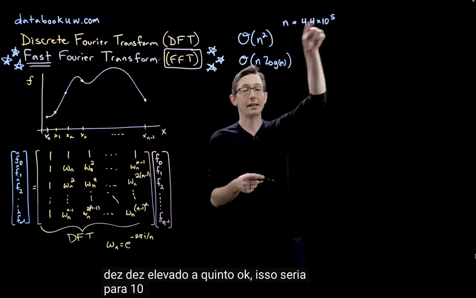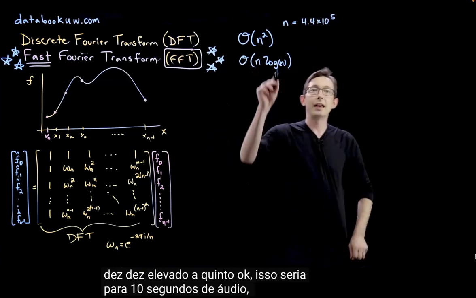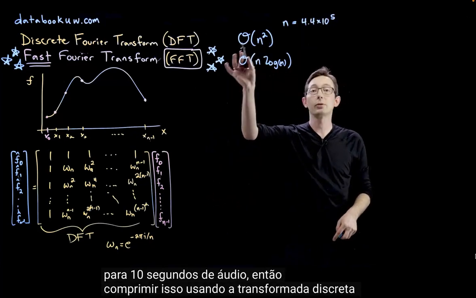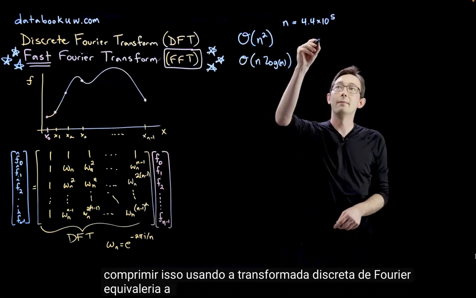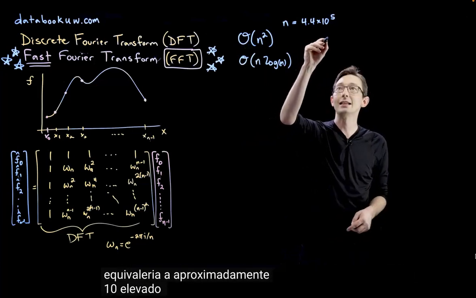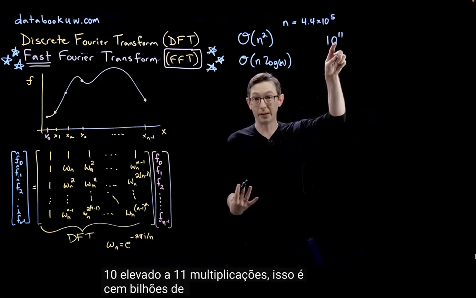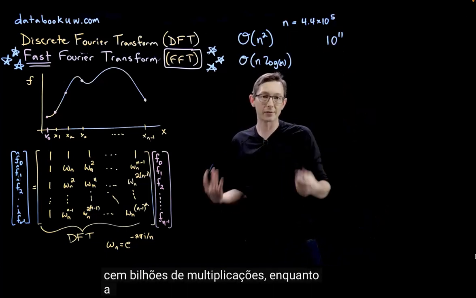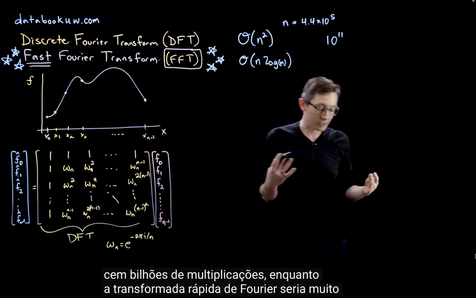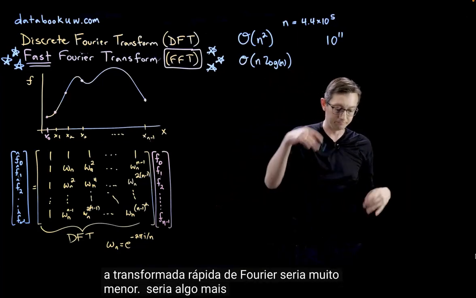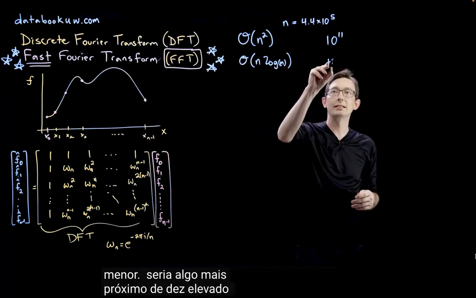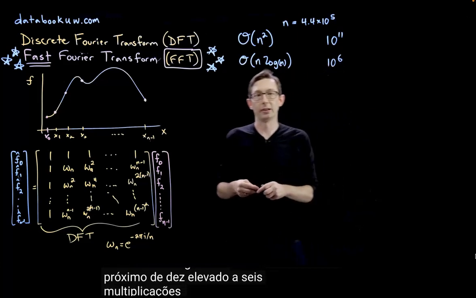Then to compress that using the discrete Fourier transform would amount to approximately 10 to the 11 multiplications. That's 100 billion multiplications. Whereas the fast Fourier transform would be much, much smaller. It would be something closer to 10 to the 6 multiplications.